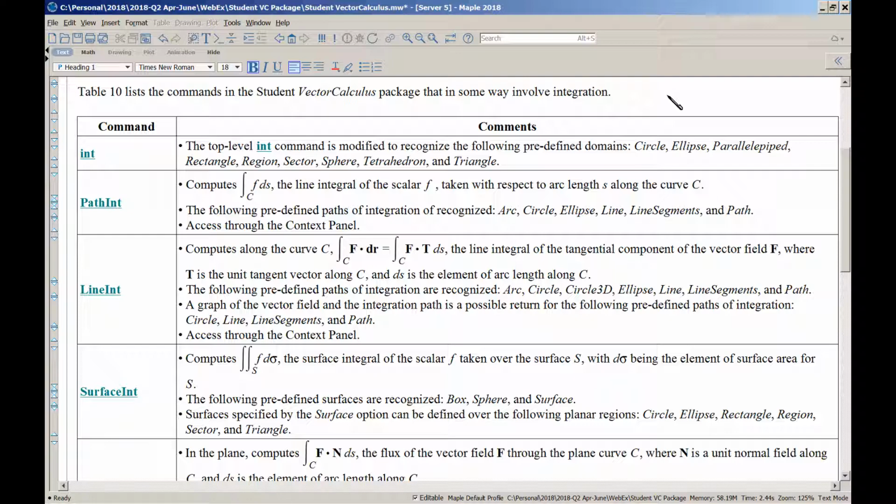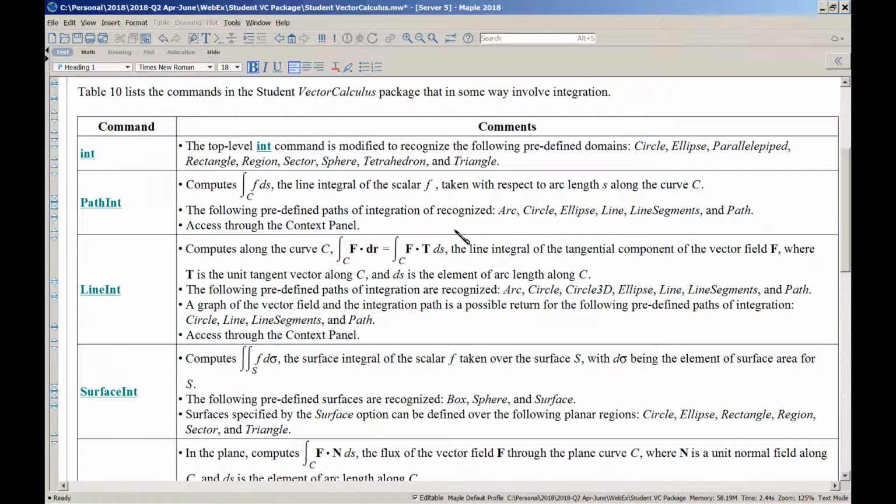It's the only place in Maple you can do that. Unfortunately, it has nothing on integration, and so you end up having to use two packages. You're teaching two different paradigms. It just doesn't work. So you're almost forced to use the Student VectorCalculus package if you're using this in the classroom, because of that lack of integration material in PhysicsVectors.